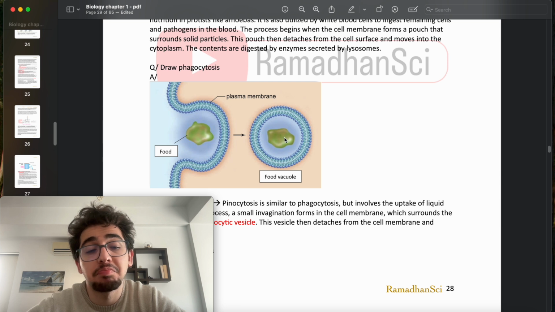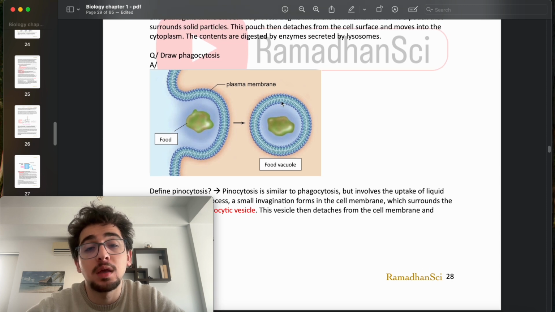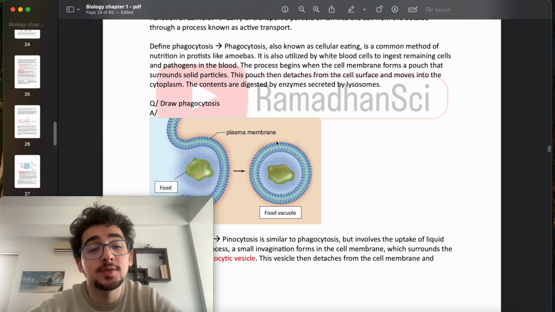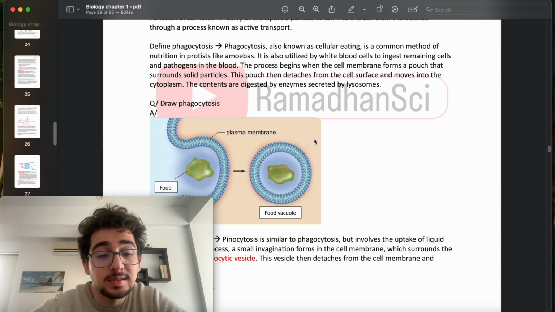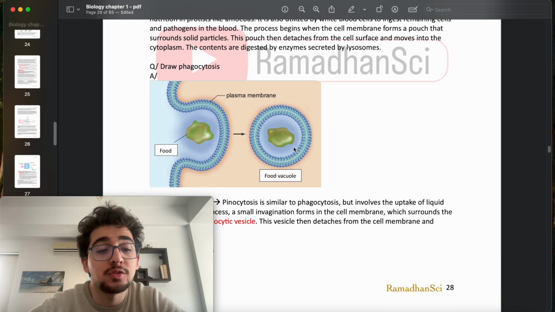Later, the food particles within the vacuole will be digested by the help of the lysosome enzymes. This phagocytosis also happens in the white blood cells during infections as they try to digest and eat the pathogens like bacteria.